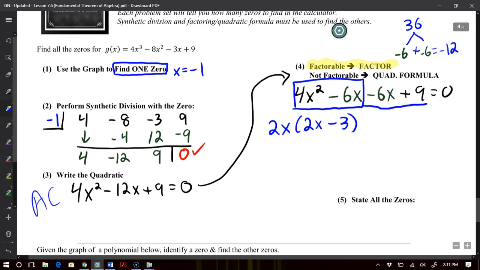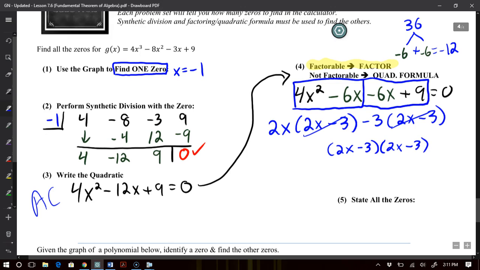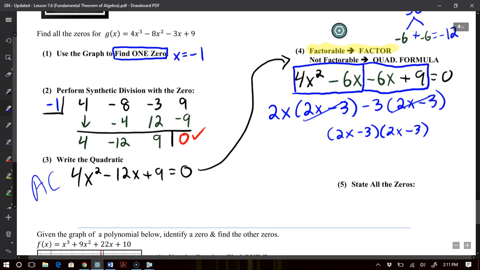I find the GCF of the next two, which is -3. I get 2x minus 3. They have this parentheses in common, which is a 2x minus 3. And let's see what remains. It's a 2x, and it's a minus 3. Well, that's factored.